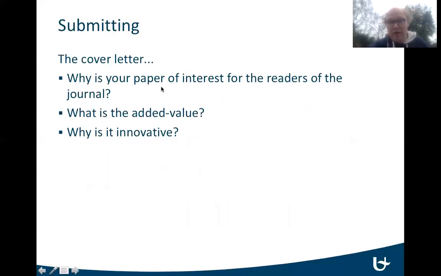Okay, when you have written your paper, you need to submit your paper to a journal, and behind the journal is an editorial team and reviewers.